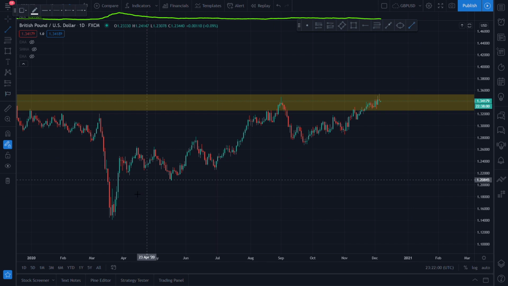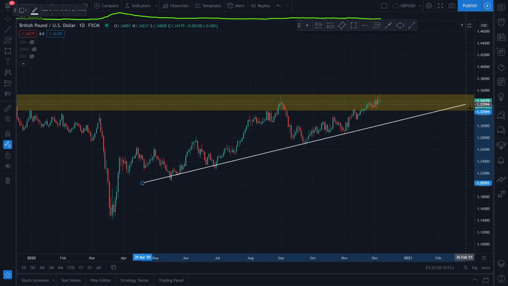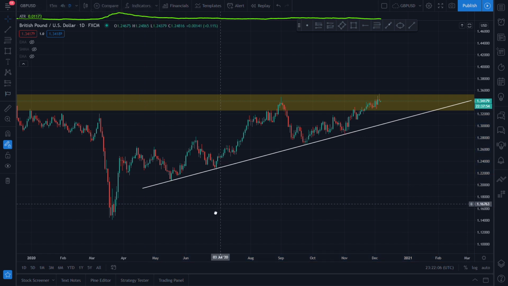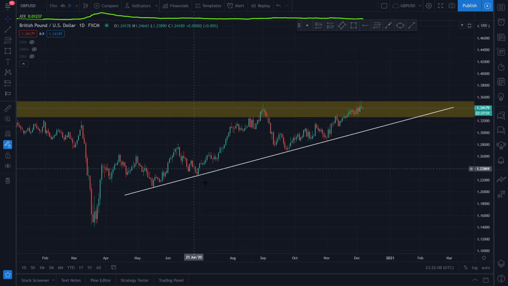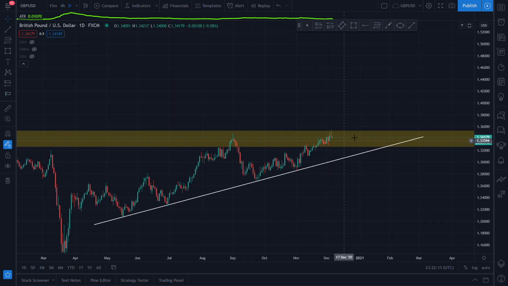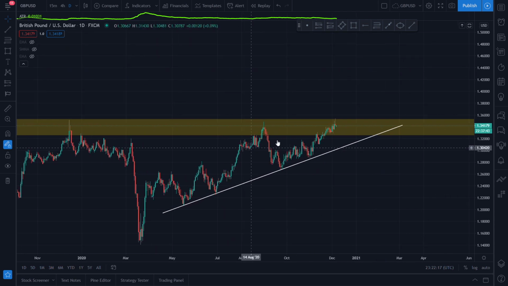All right. So we have this trend line here. Okay. So we're in a strong uptrend. All right. Making higher lows, higher highs, higher lows, higher highs. We're still trending up. All right, guys. But remember, we're in this zone right here.